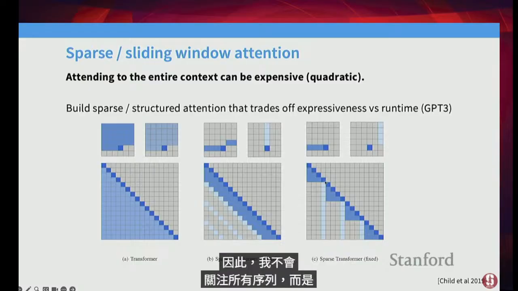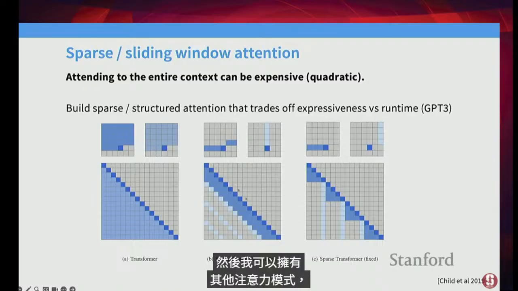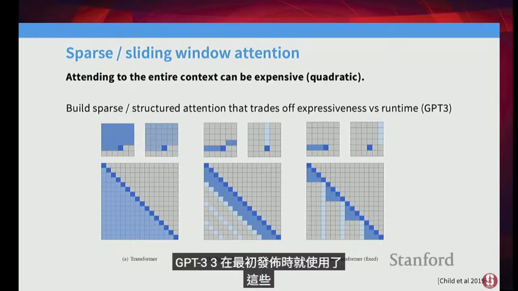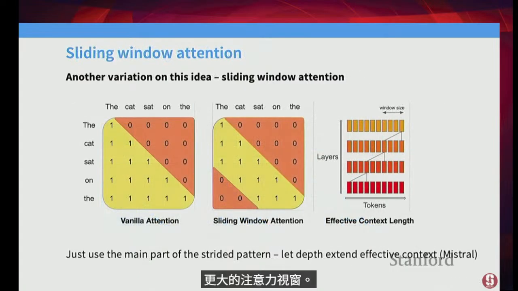Instead of paying attention to all of the sequence, I pay attention to a local window at each chunk, and then have other attention patterns, like diagonals, that help propagate information across. So you can build sparse or structured attention that trades off expressiveness versus runtime. GPT-3 uses exactly these kinds of tricks when they originally released it to get larger attention windows.